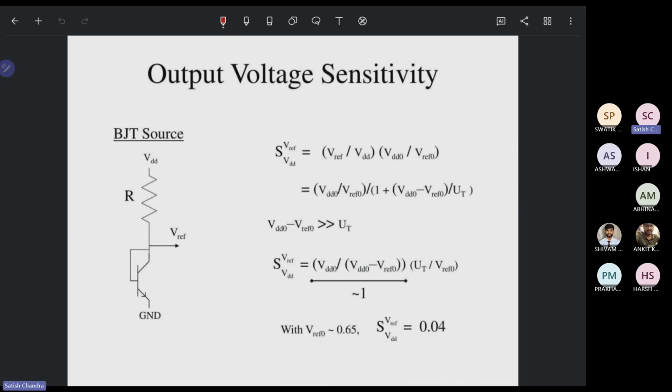These are the mathematics. I'm not going into more detail on that. So for this BJT source type of system, we obtain a stability factor that becomes like this, where it is 4% only.